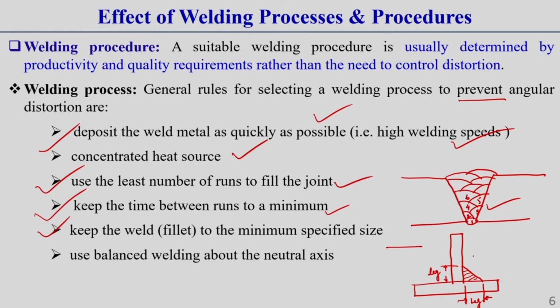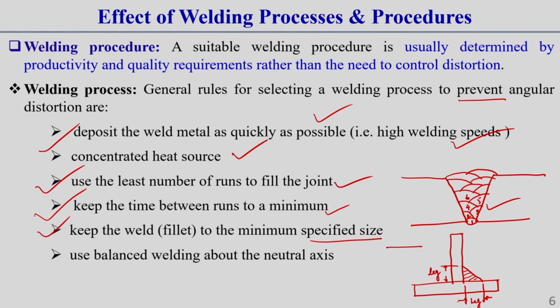So, that is why in this fifth point I have written, keep the weld to the minimum specified size. That means the leg length should be as small as possible, but we should have sufficient strength in that welding structure, correct. That is why we should optimize this leg length.